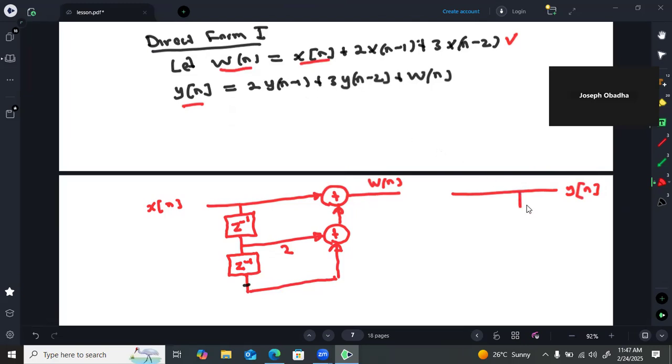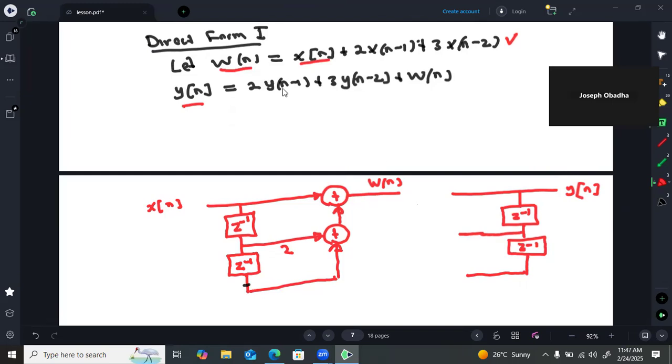So I can have my first delay element at this point, second delay element at this point, so that we have z minus 1, z minus 1. So I'm able to tap in the y of n minus 1 from this point, to tap in the y of n minus 2 from this point.